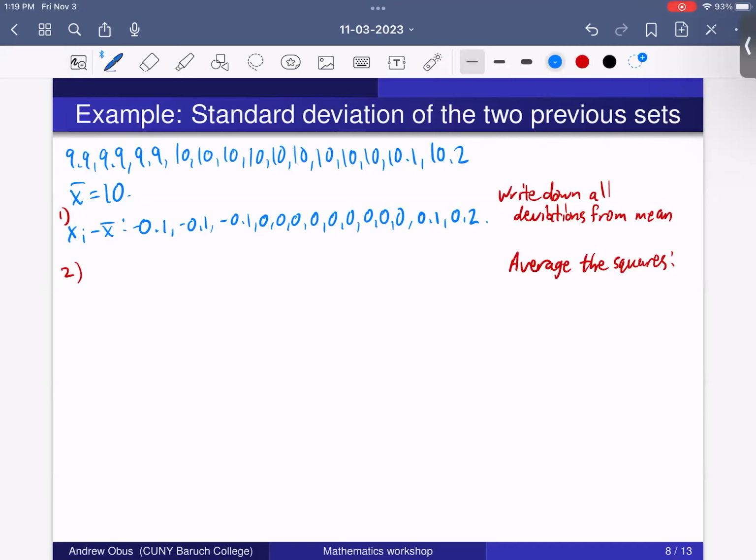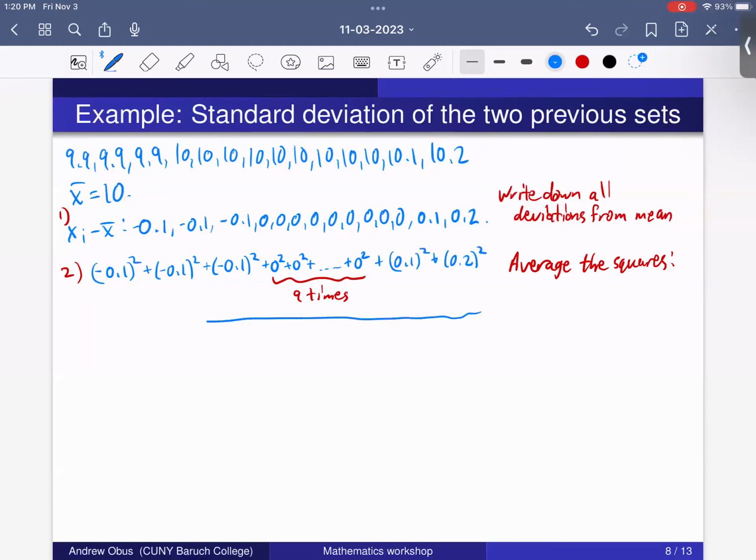So step 2 is average the squares. We would have -0.1 squared plus -0.1 squared plus -0.1 squared plus 0 squared plus 0 squared, and so on. We're going to have 9 of these, and then plus 0.1 squared plus 0.2 squared.